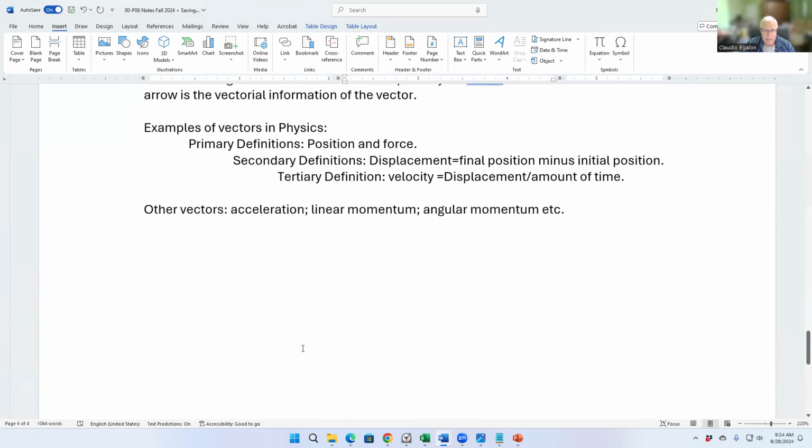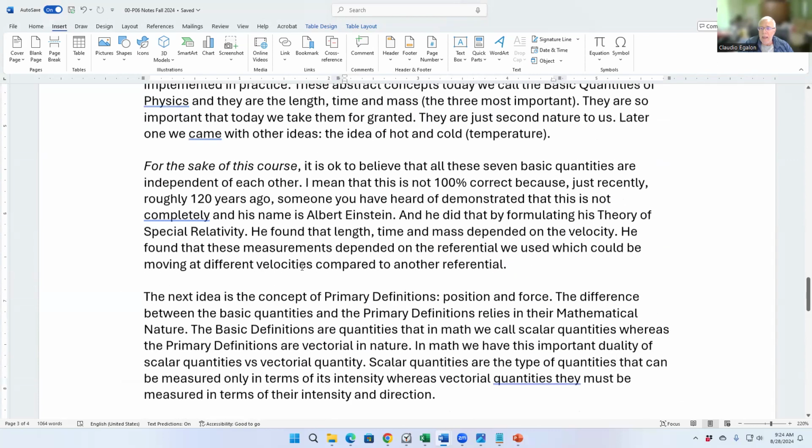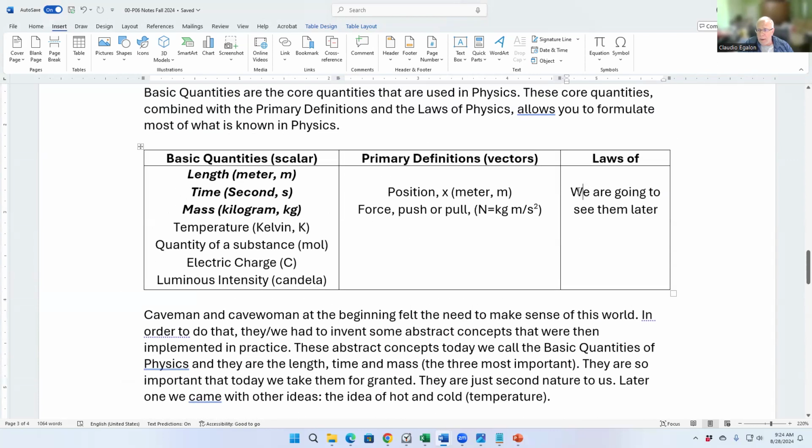And that's what I want to tell you about those core principles of physics. I'm not ready to introduce you to the laws of physics yet.